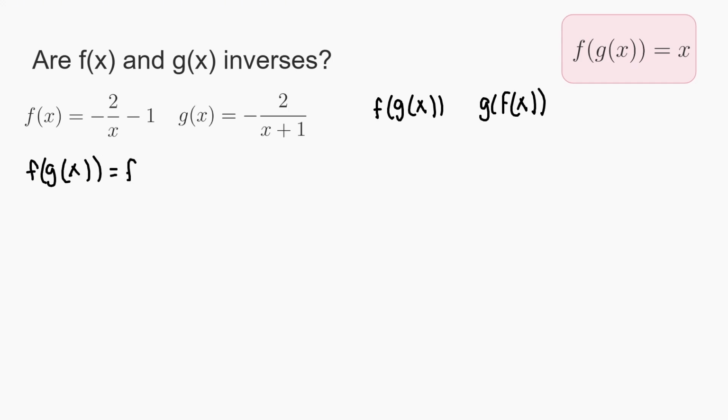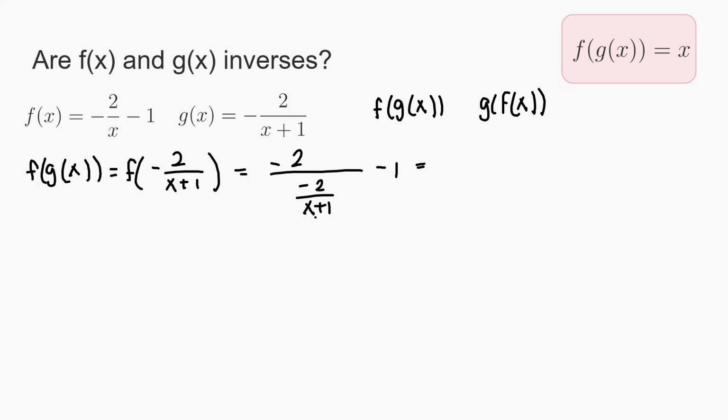So we're looking for f of -2 divided by x plus 1. So in this case, we plug in this whole thing for the x right there. This will give us -2 divided by -2 over x plus 1, minus 1.